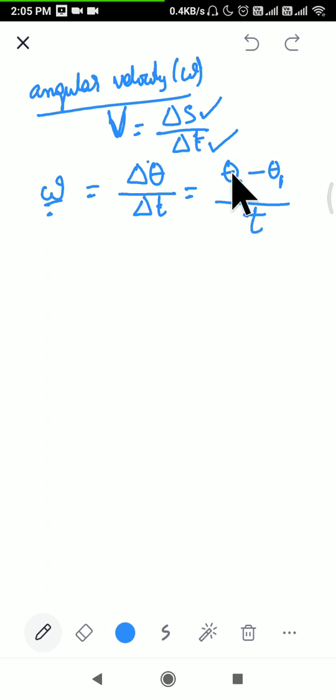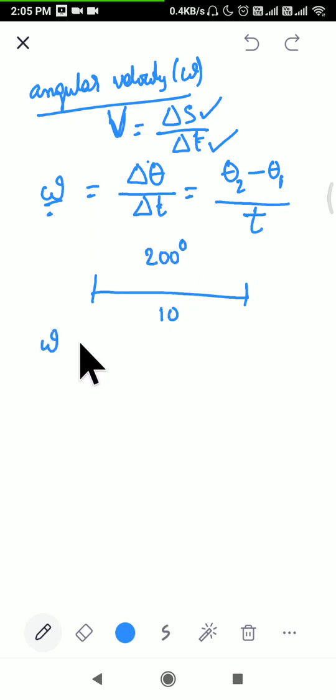Let us say in 10 seconds, an object underwent a change in angular position of 200 degrees. Then its angular velocity will be 200 by 10, that is 20 degrees per second.